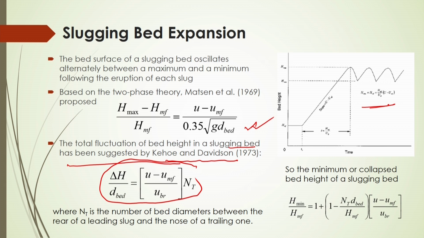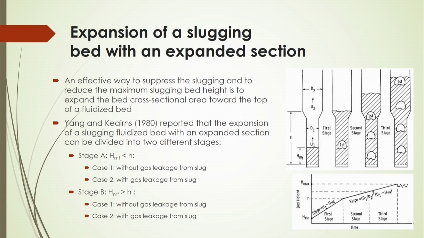The minimum or collapsed bed height of a slugging bed will be calculated from this equation, if you know NT, the number of bed diameters under the slugging condition of this bubbling bed. Regarding expansion of the slugging bed, if your slugging fluidized bed is expanding with a certain section, then the effect of suppression of slugging and reduction of the maximum slugging bed height can be obtained from this minimum condition of this height.